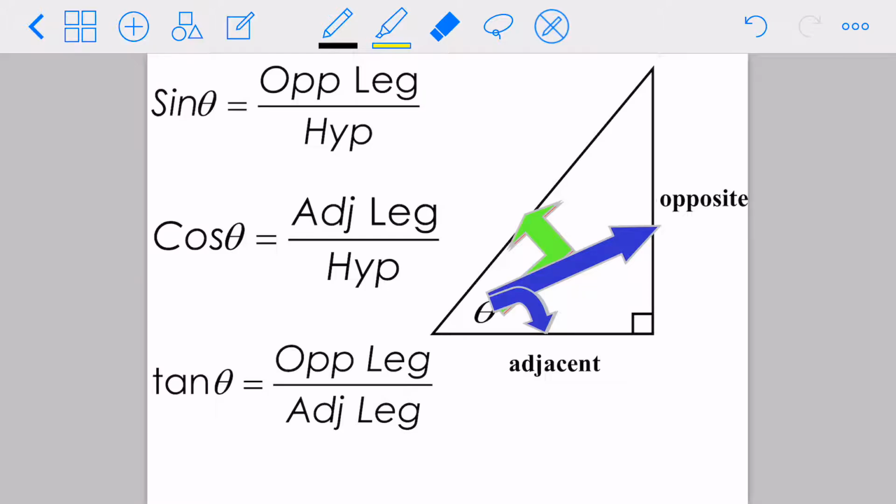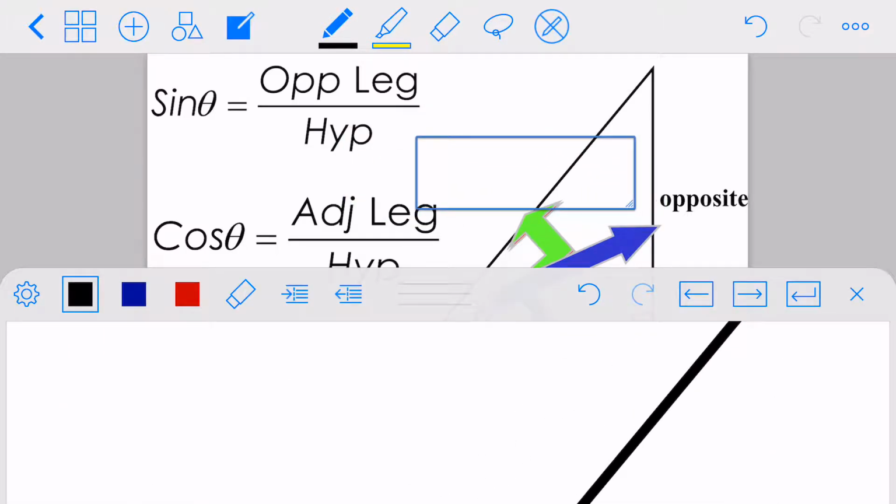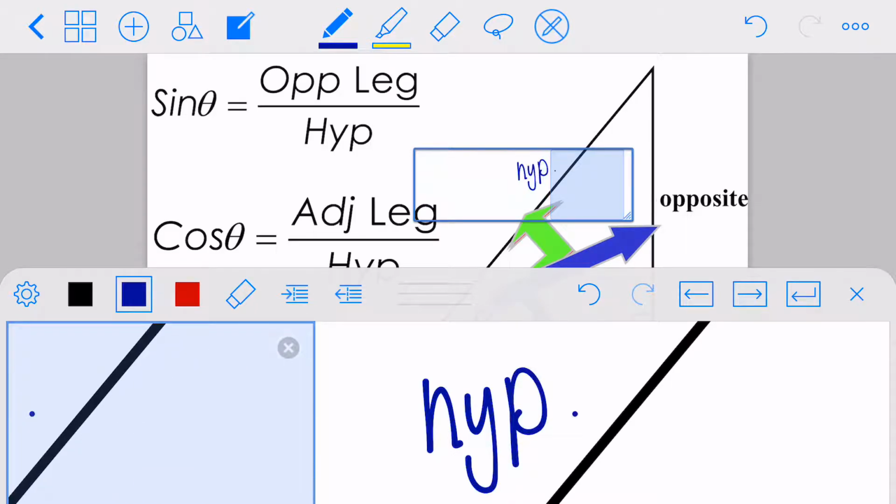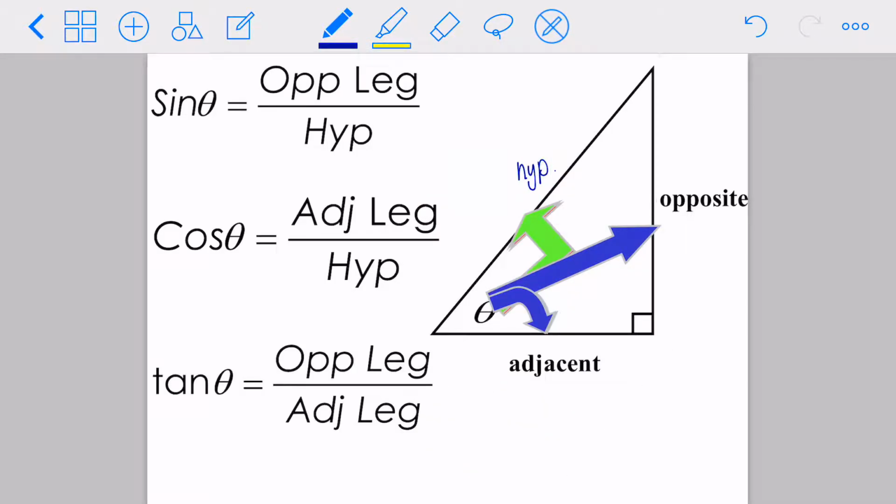Remember, your hypotenuse is always going to be across from your right angle. That will never change depending on where your theta is, if it's at the bottom left angle or at the top right angle. Your hypotenuse is always going to be the same. And then your adjacent is going to touch the angle that you're looking for.